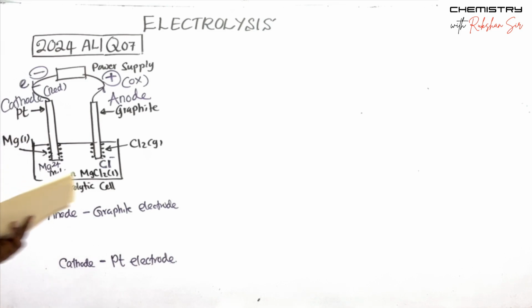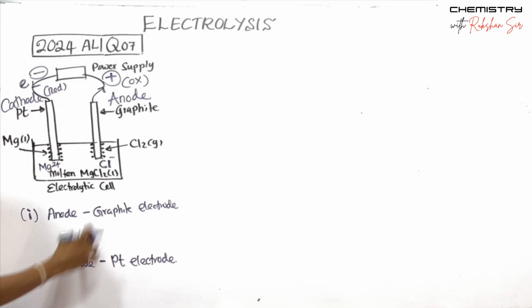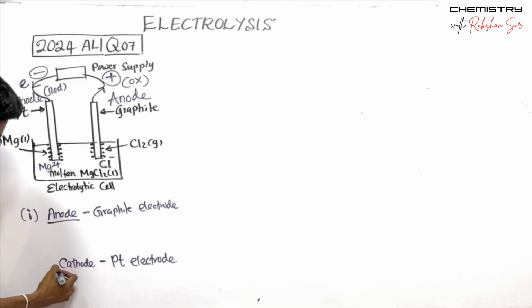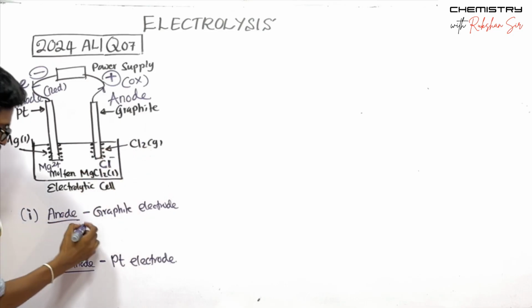They are asking you to write the half reactions taking place. Anodic half reaction: that is Cl minus releasing Cl2.